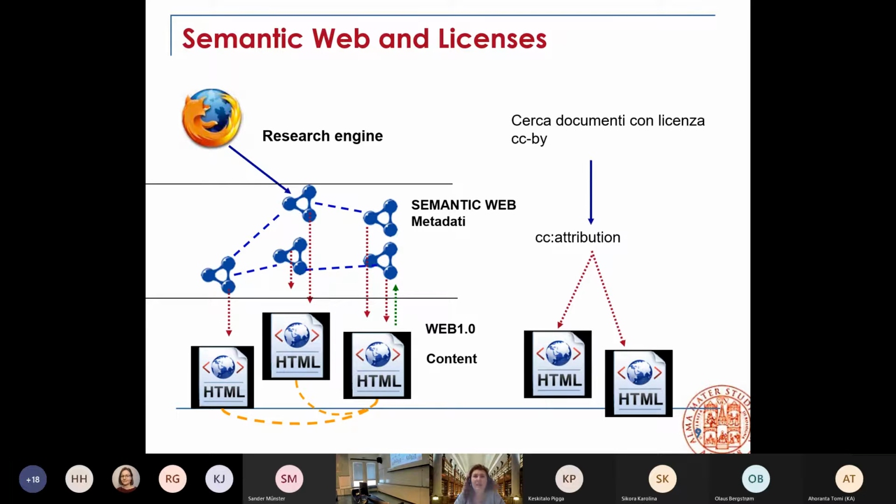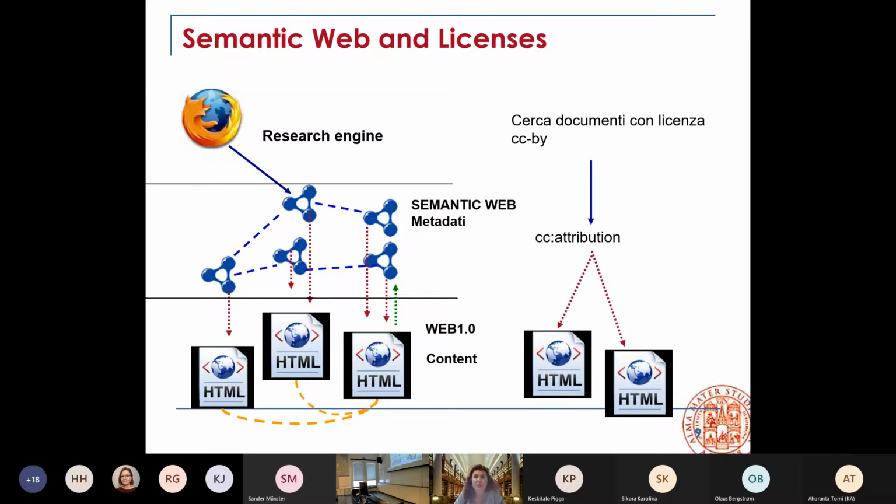Without this technical solution, the attribution is very confused, inaccurate, and not correct from a legal point of view. So suppose we have an accurate markup of the license, we can ask the search engine or Europeana: give me all the content with metadata, where the metadata belong to the University of Bologna, but the content belongs to another institution or museum.